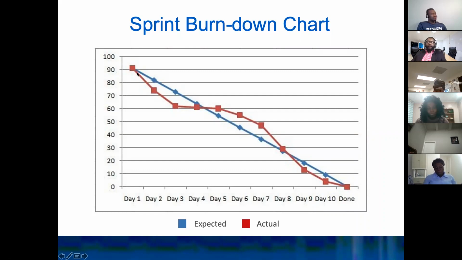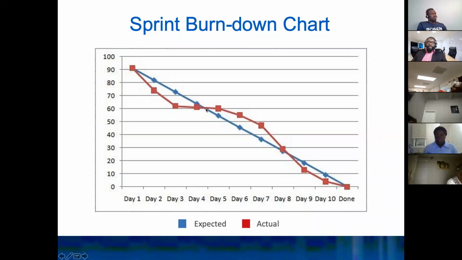That is showing what the team is realizing. But this blue line is the expected. That's basically the baseline or the perfect line, but nobody is ever following this line because it just shows if the team was doing the work at a constant pace, this is what their burn down chart would look like.